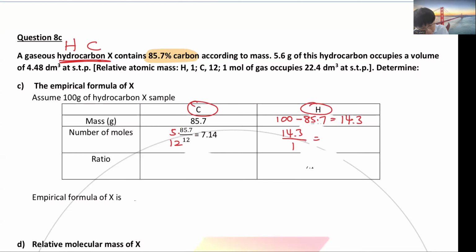So you get this. Then both you divide by the smaller one. So the small number, you get the ratio is 1 to 2.